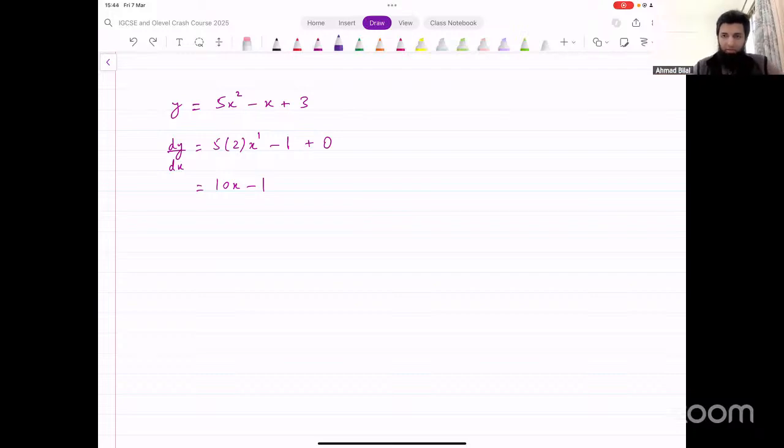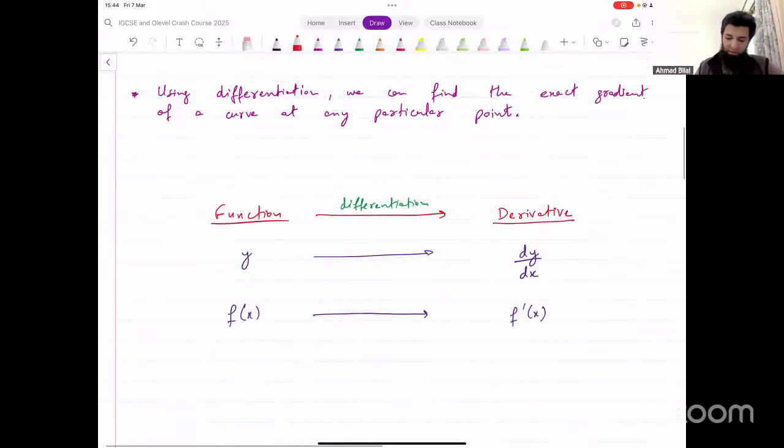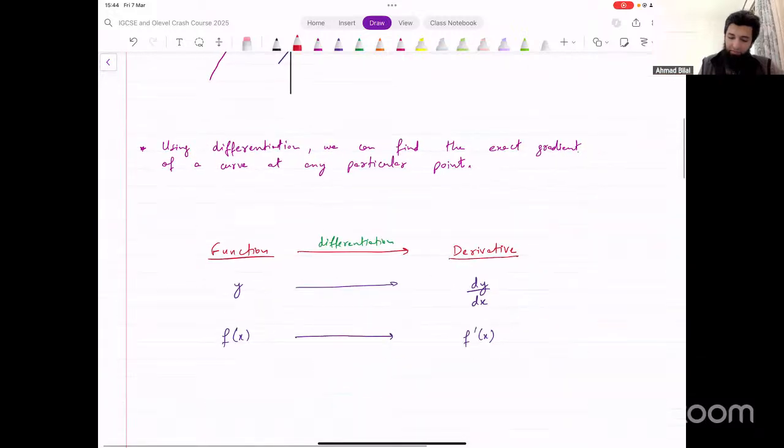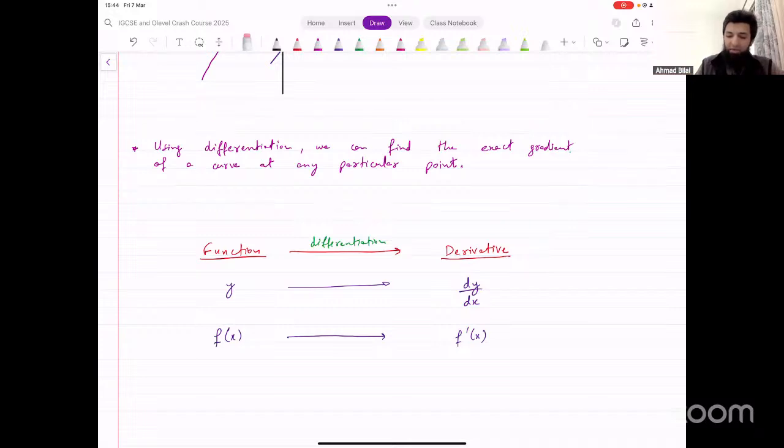Okay. Now, why is this derivative important? Using differentiation, remember what I said, we can find the exact gradient of a curve at any particular point.